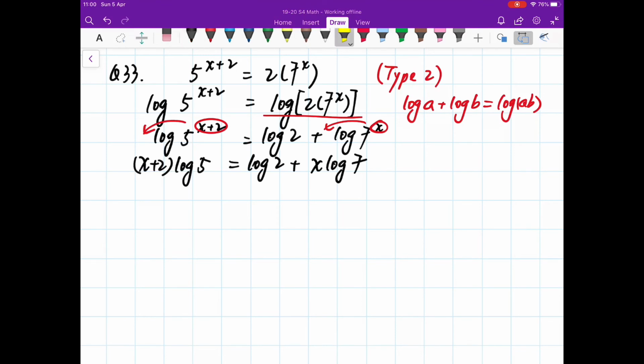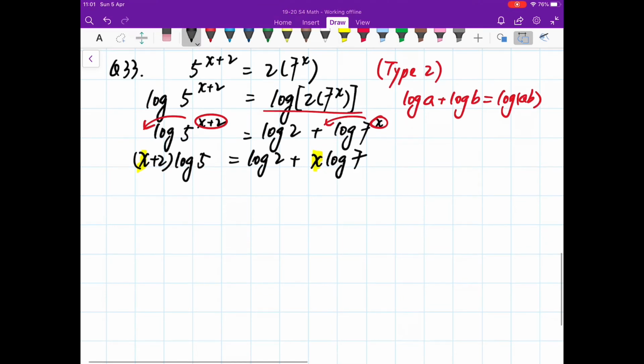Okay, and then as we can see, there are some terms that are related to x, while some terms are without any x. That means we have to do a further simplification on the left hand side by separating the brackets so that it will become x log 5 plus 2 log 5.